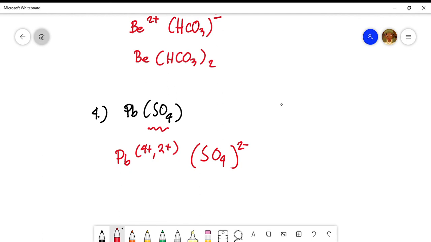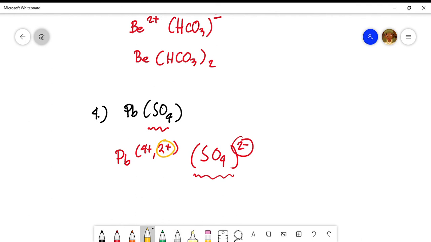So what do you think we will need for this? In order for us to have a net charge of 0, since sulfate has a 2 negative charge, we want the Pb to have a positive 2 charge, so that negative 2 plus 2 equals 0 net charge.